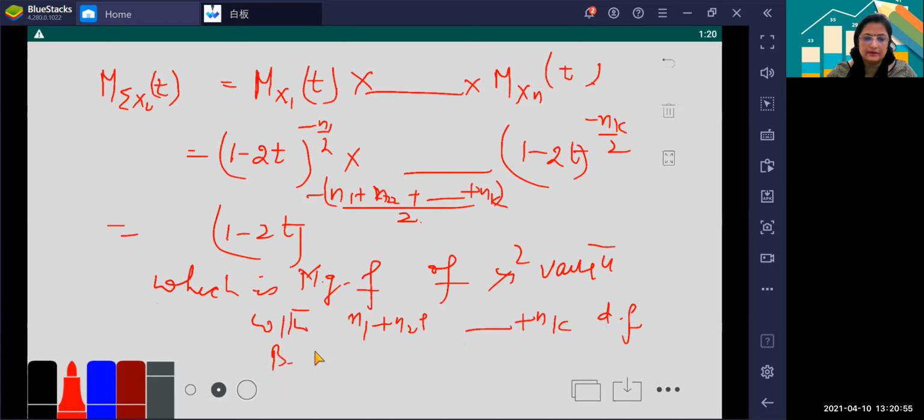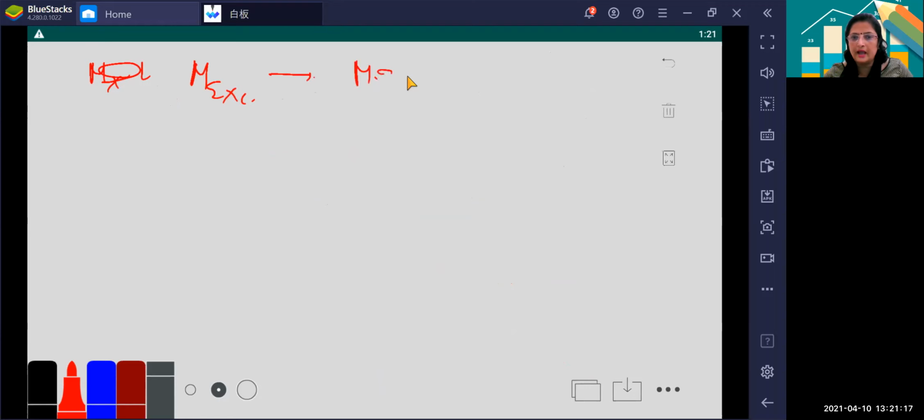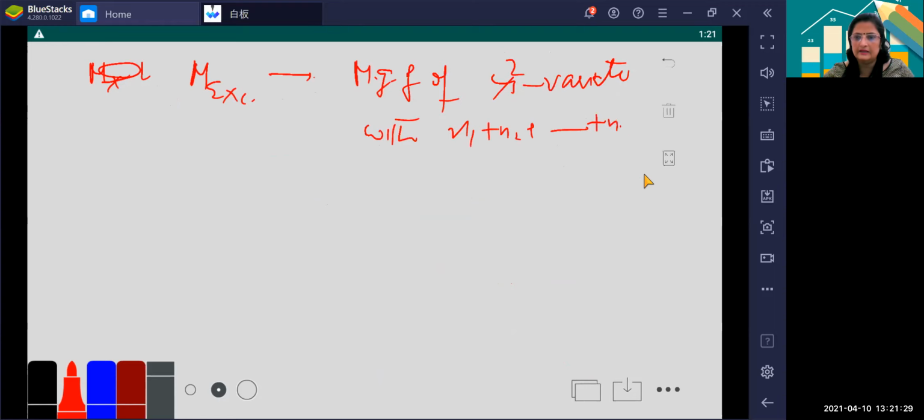Hence by uniqueness theorem of mgfs, summation of xi, because m of summation xi matches with the mgf of chi-square variate with n1 plus n2 plus nk degrees of freedom.